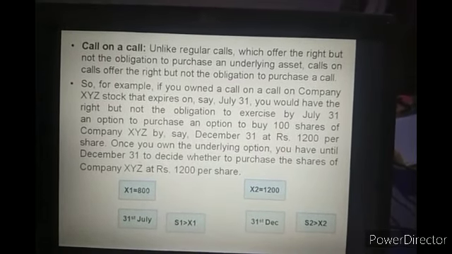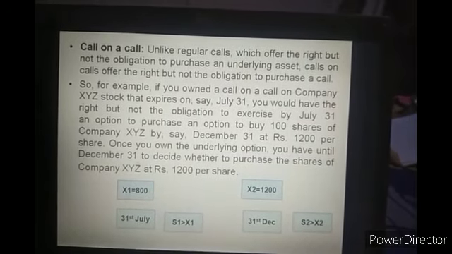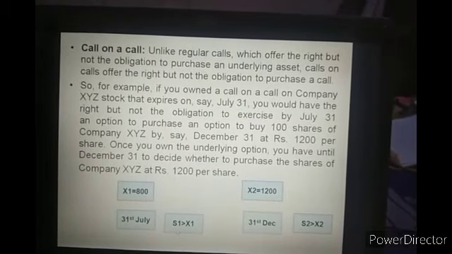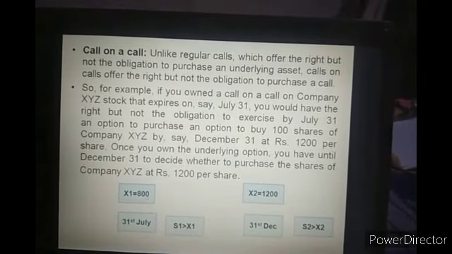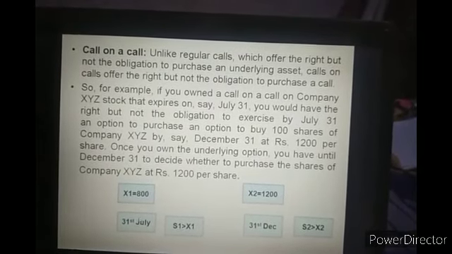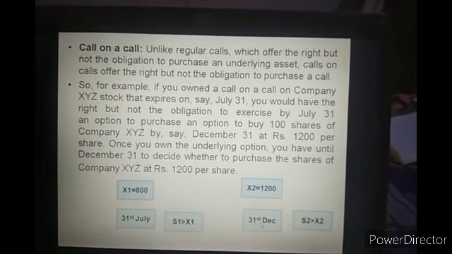So you pay the premium and confirm your call. Now on 31st July, based on S1 after 6 months, if it is greater than X1, you exercise your right. Definitely you enter into a contract on 31st July for 31st December.